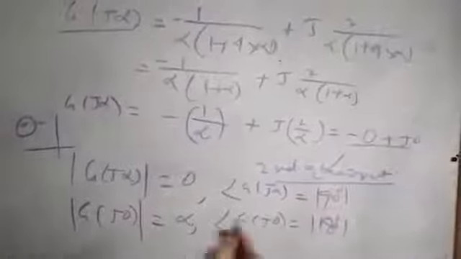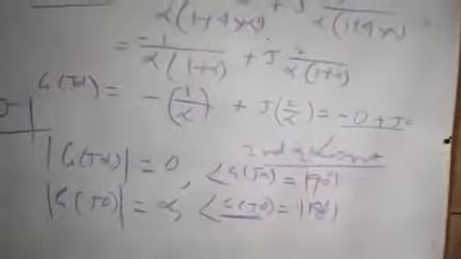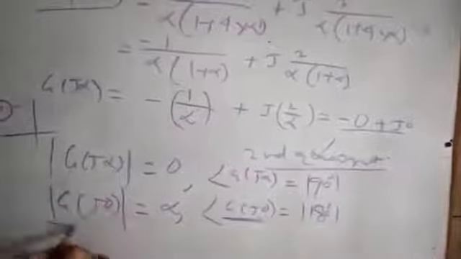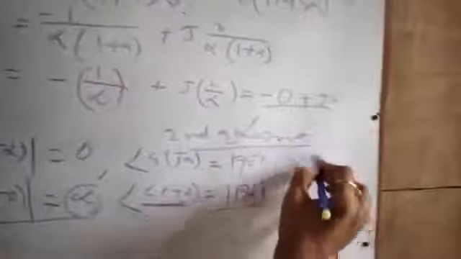I had written G(j0) as 90 degrees, but it will be 180 degrees. So the magnitude is infinity, the angle is 180 degrees, and this is the second quadrant. Similarly, for G(j infinity), the magnitude is 0 and the angle is 90 degrees, which is also a second quadrant operation. Right, now you can draw the polar plot by using these two sets of values.